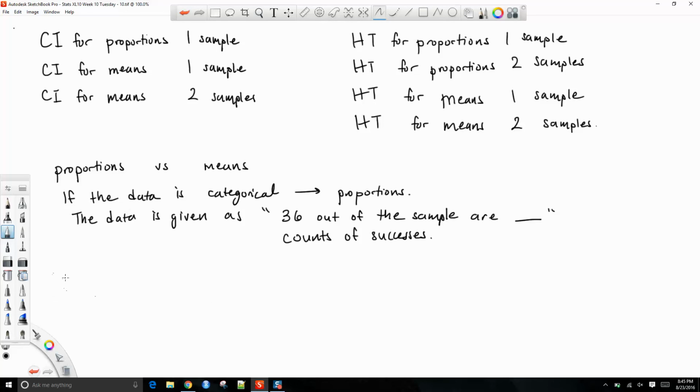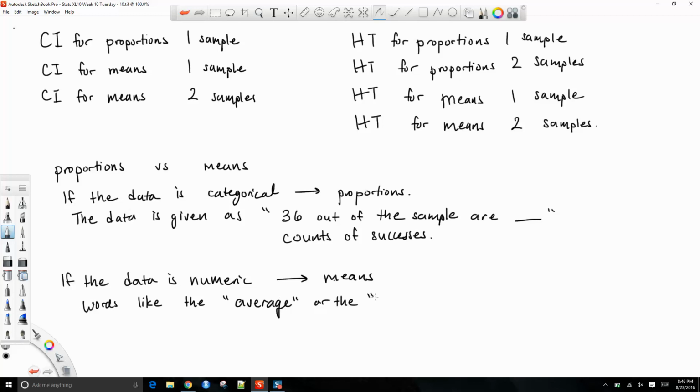On the other hand, if the data is numeric, then you will be dealing with means. If the problem talks about the average or the mean, then you're dealing with means. Every problem with means requires a standard deviation.